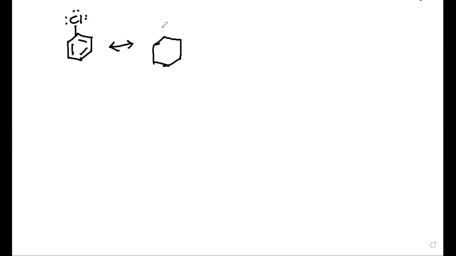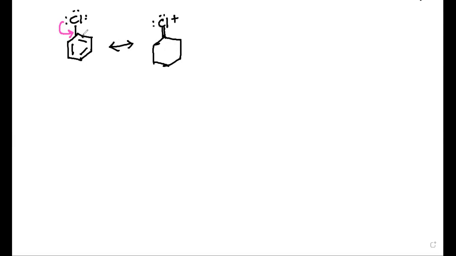And due to resonance, what happens? There is a double bond generated between the chlorine and carbon, because these two electrons come here, it forms the double bond, and then we have Cl plus with two lone pairs.